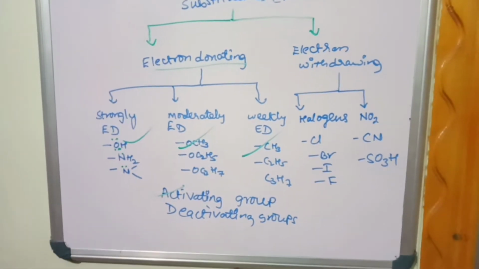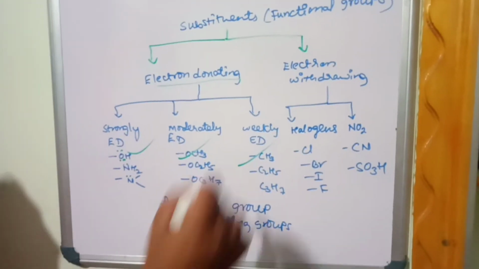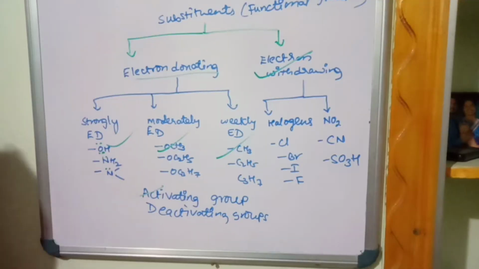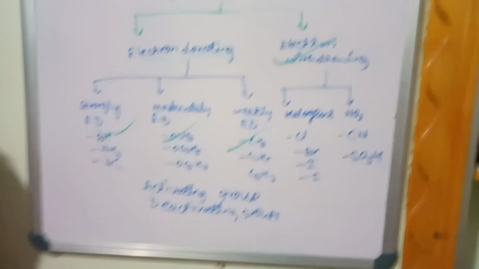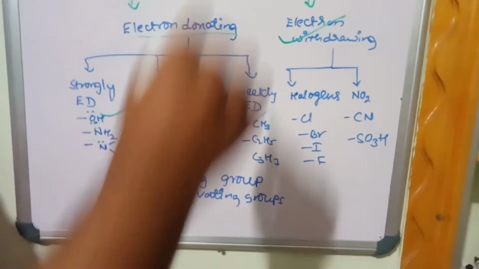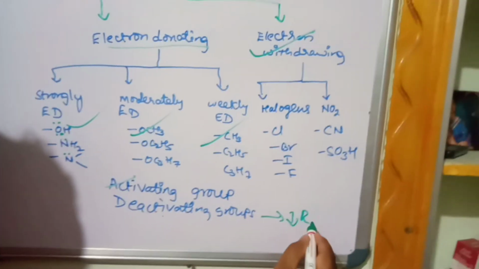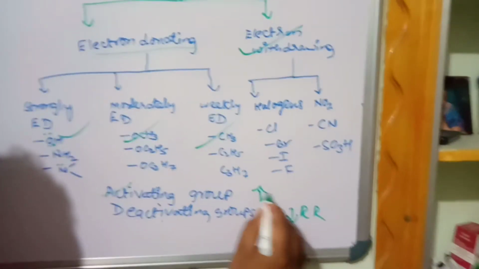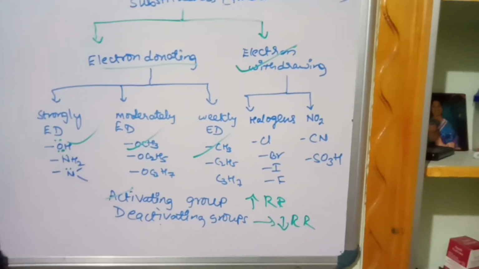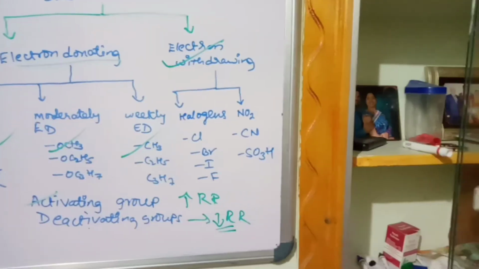So what are deactivating groups? Deactivating groups are electron withdrawing groups. Electron withdrawing groups are also called deactivating groups towards electrophilic aromatic substitution reaction because they decrease the rate of reaction. This will increase the rate of reaction, and this will decrease the rate of reaction.